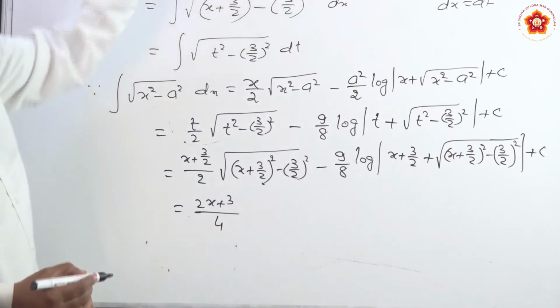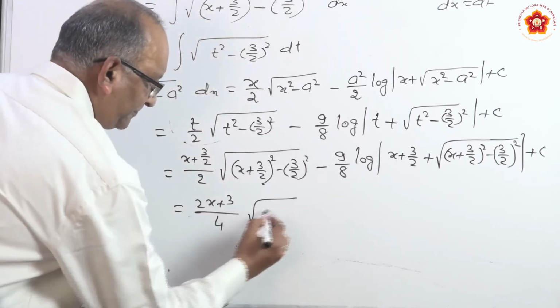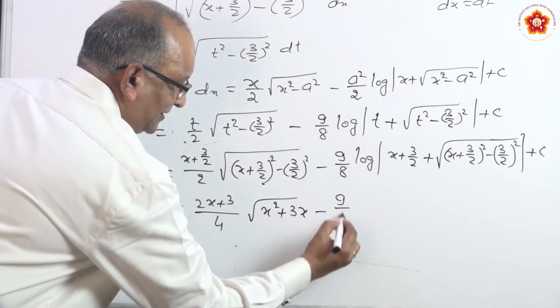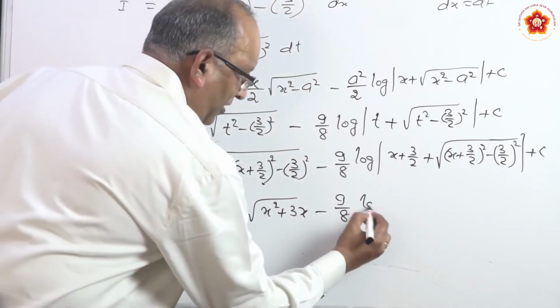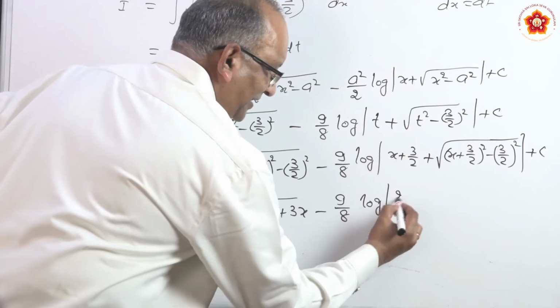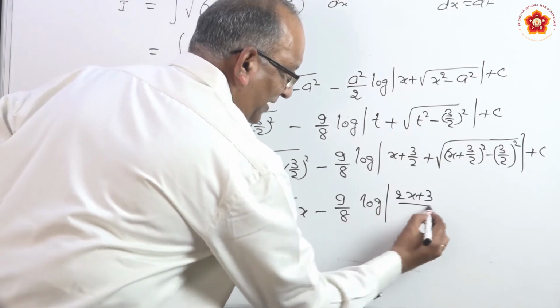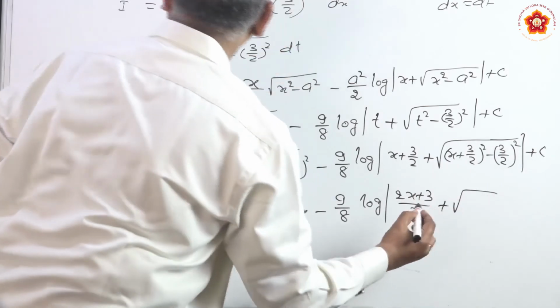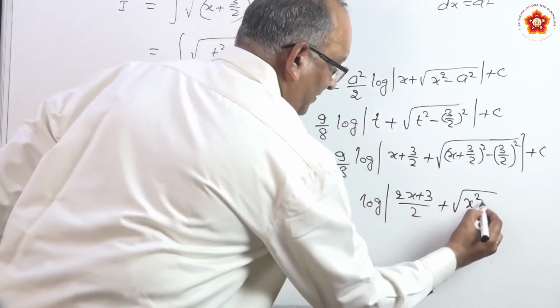What is the given function? x square plus 3x, minus 9 by 8 log. You can leave it like this, or if you wish you can write it as 2x plus 3 by 2 plus, this will be again the same given function, x square plus 3x.